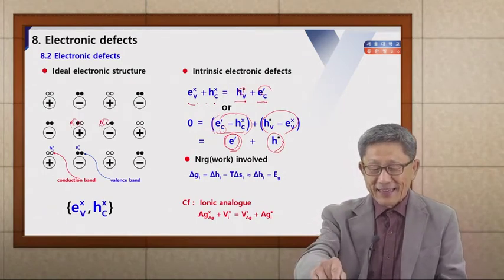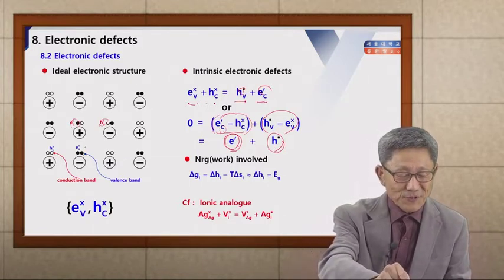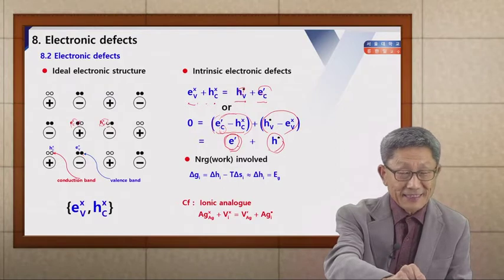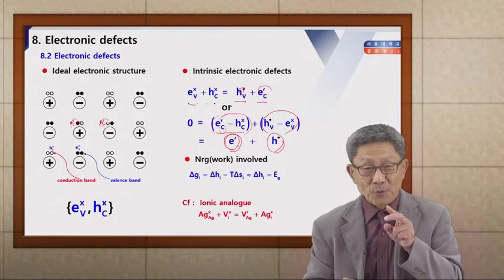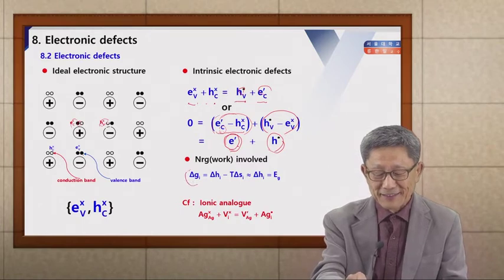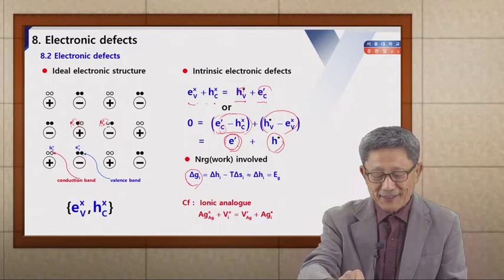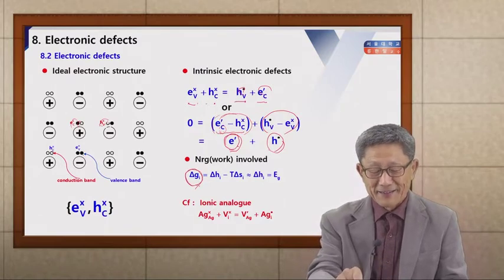And to create this defect, you see, the electrons should jump to the empty conduction band site. Therefore, we have to do work. That work corresponds to the intrinsic electronic defect formation free energy.